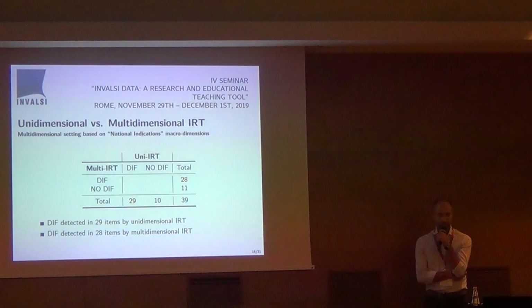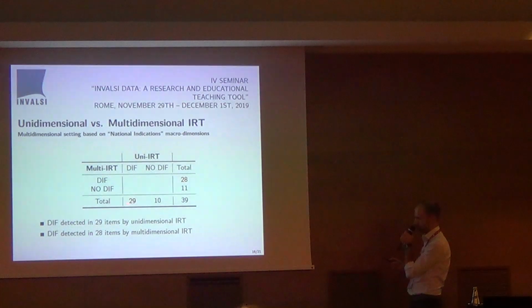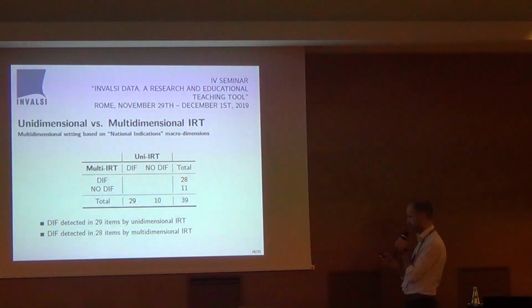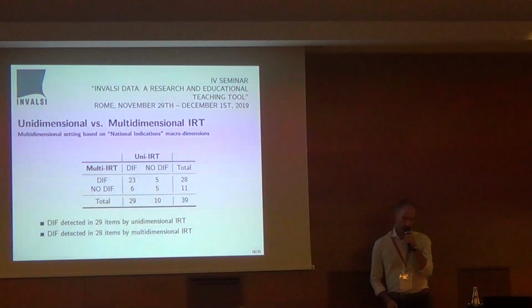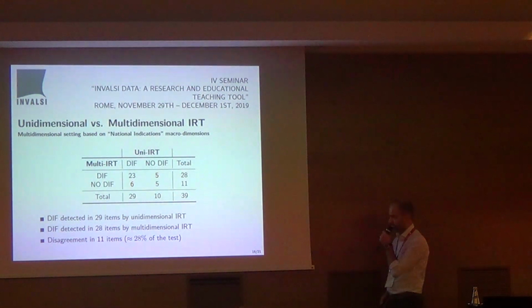Marginally speaking, there is quite good agreement, because 29 items are detected as DIF according to the unidimensional model, and 28 are detected as DIF by the multidimensional method. But the problem is in the joint frequency, because we can observe a disagreement in 11 items. That is almost 30% of the test.